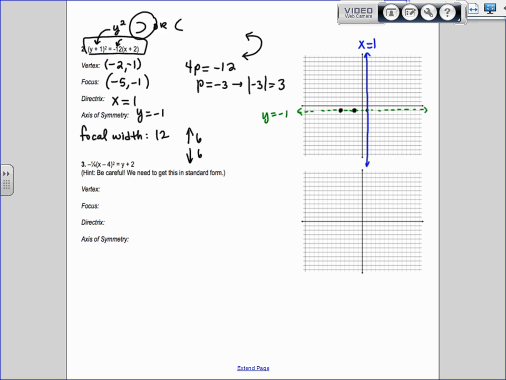I'm going to go up 1, 2, 3, 4, 5, 6, and down 1, 2, 3, 4, 5, 6. And here's my parabola. And that's it. It's really not too bad. Just a lot of steps.